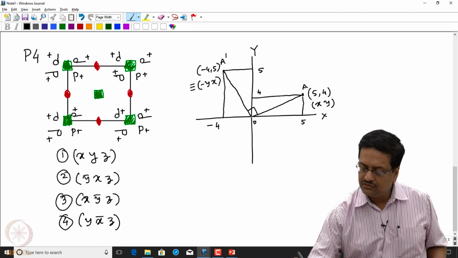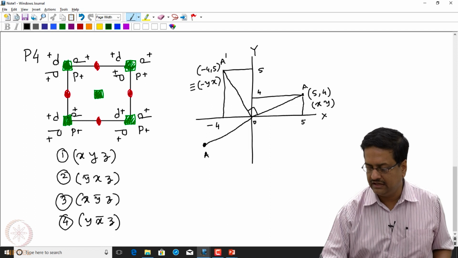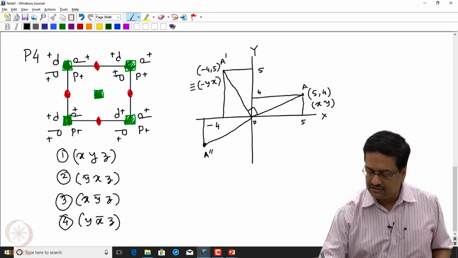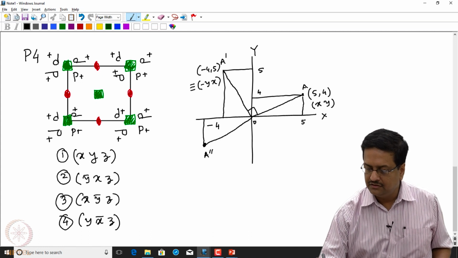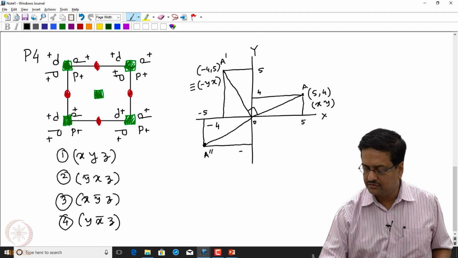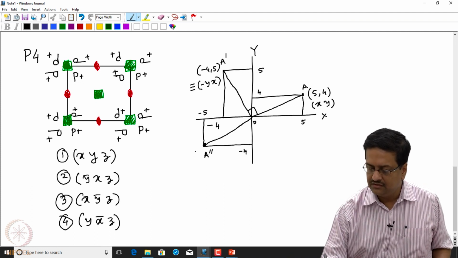Now if I do another 90-degree rotation and bring it here, which is A double prime, then this is once again minus 5, this is minus 4. So if this was x y, this point is minus x minus y.